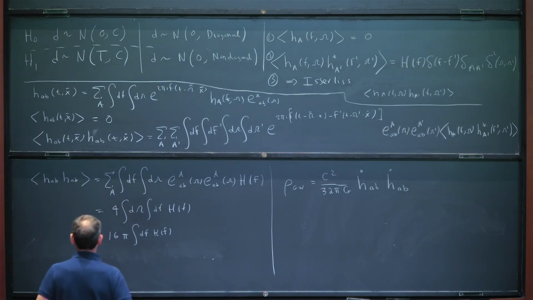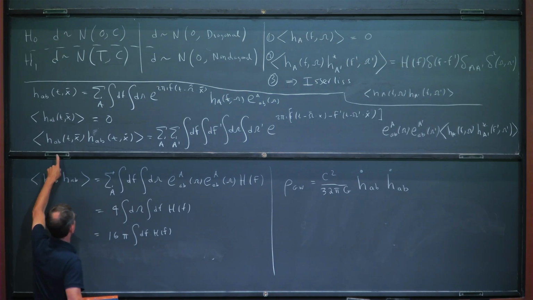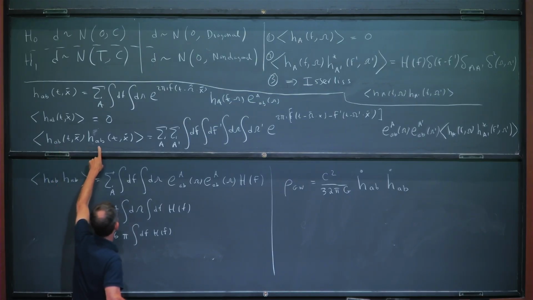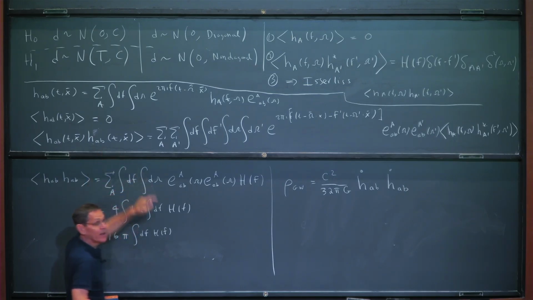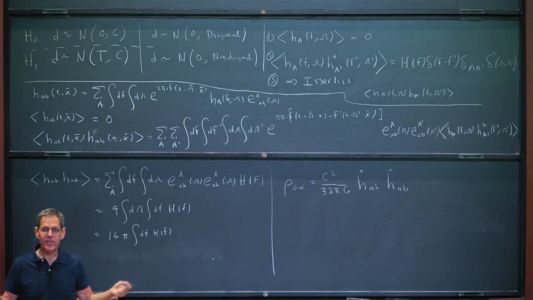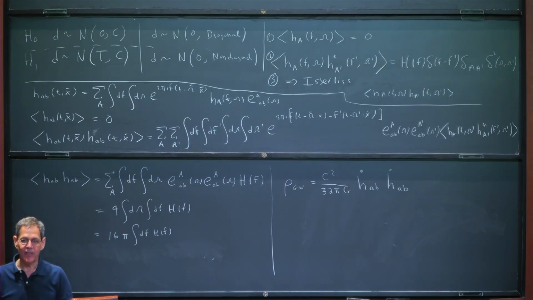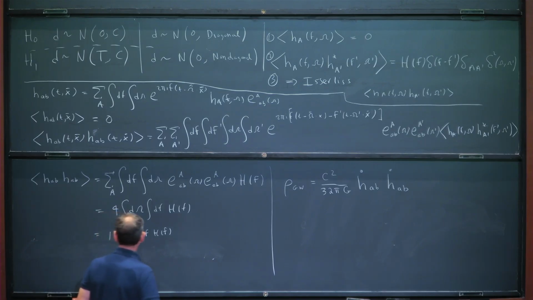We do that here, and here we bring down an e to the minus 2 pi i f prime. Then we set f equals f prime with the delta function. And so we can just write down what the answer is.